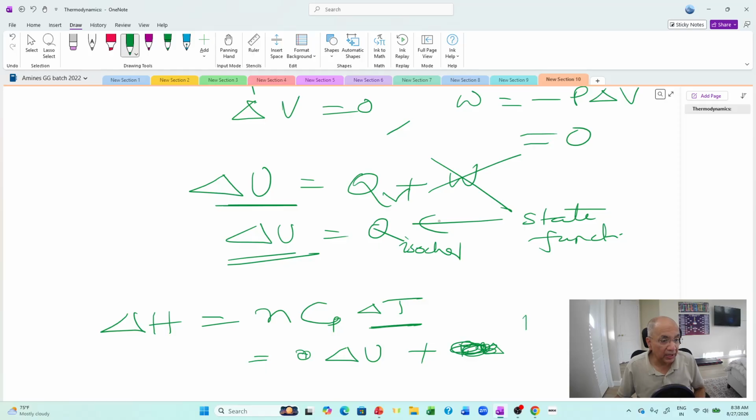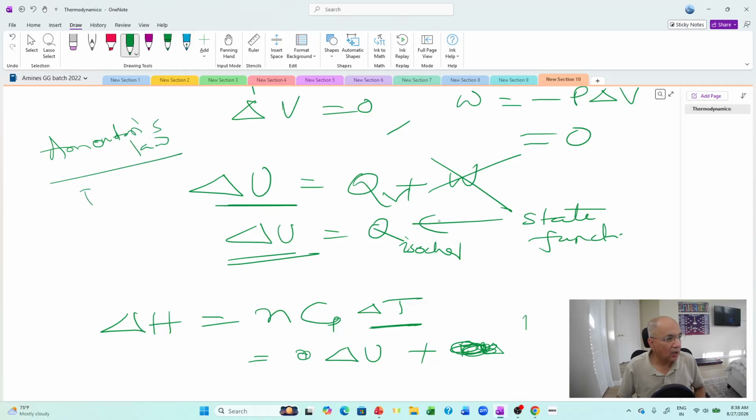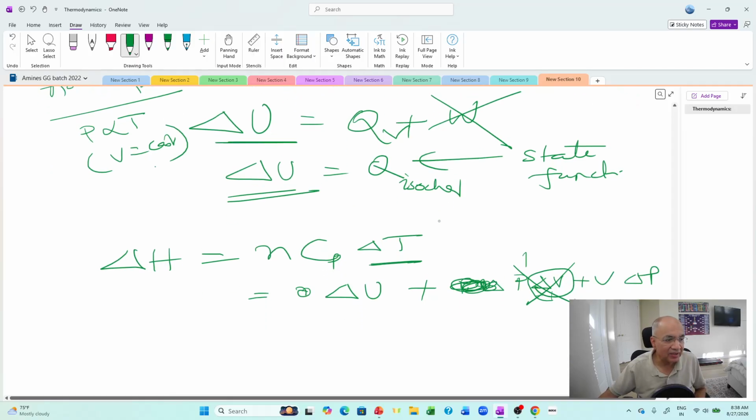So the general expression is P del V plus V del P. If V is constant, del V is 0, so this term vanishes. That gives you del H is equal to V, the constant volume, into del P.